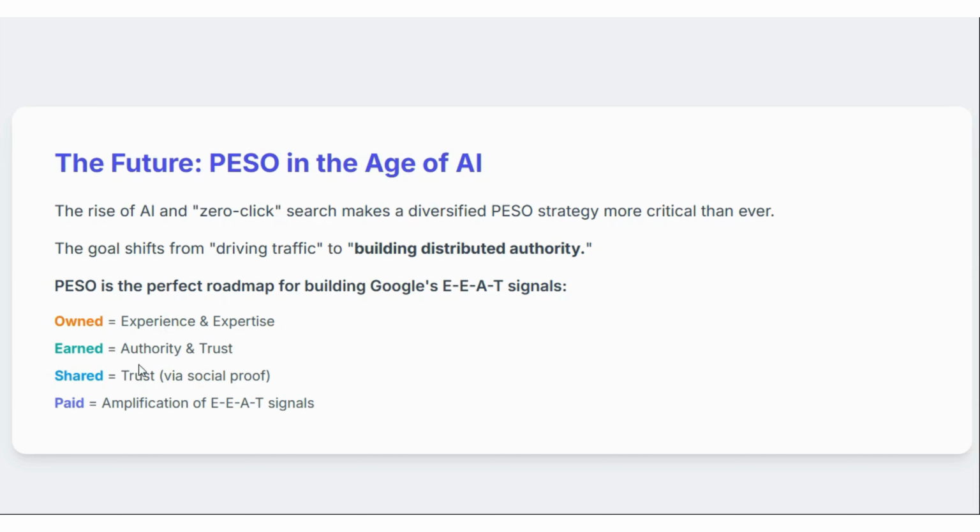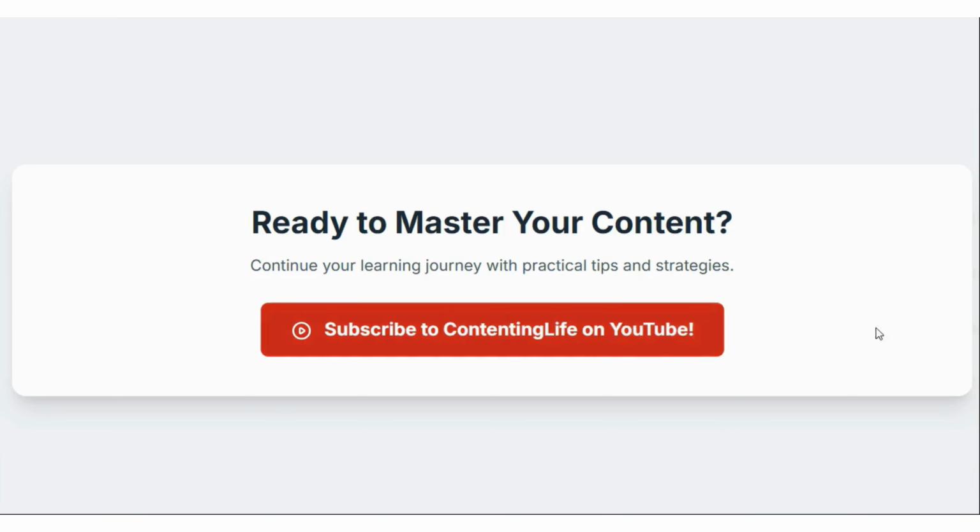In your earned media, you show authority and trust. In your shared media, you show trust in your business, and that happens via social proof. And paid media amplifies all of your EEAT signals. So EEAT becomes important in the PR efforts of the PESO model as well.